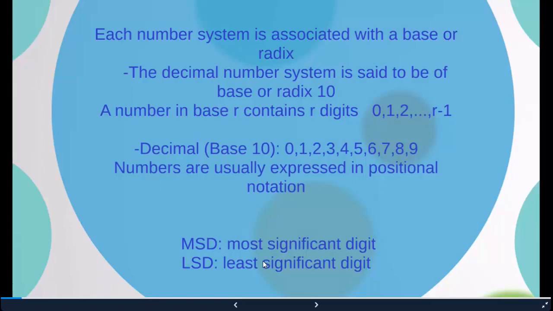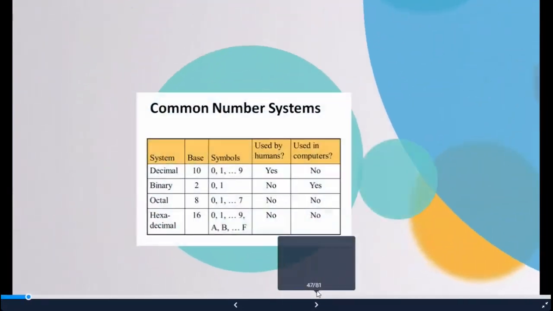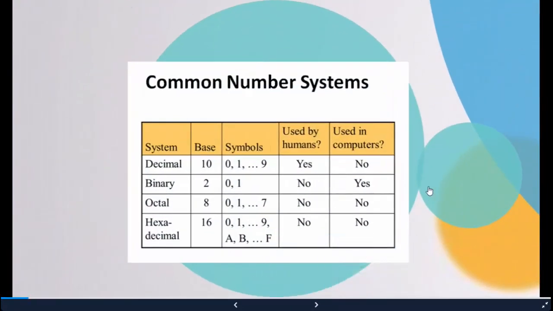Your most significant digit there is the 1, because it signifies that it's the biggest, or it signifies that from that digit is what the value of the number is. You're going to understand that all the more as we go through the next slides.